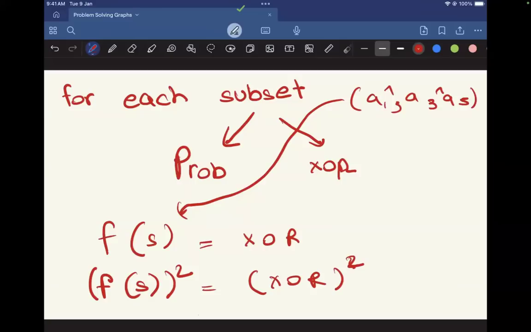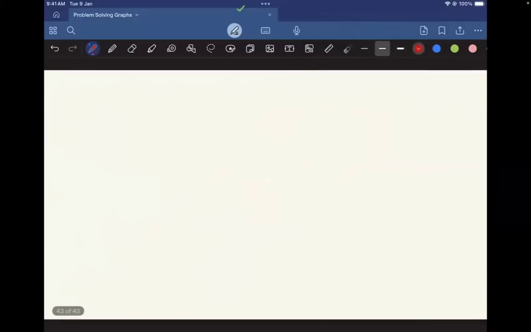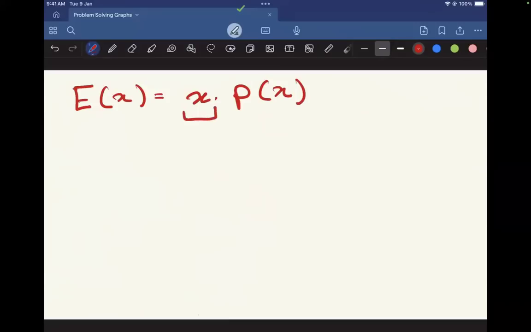We need to find the expected value of f of s the whole square. All right, so we know, guys, that expected value of x is equal to x into probability of x. Correct? So here x is nothing but XOR squared.